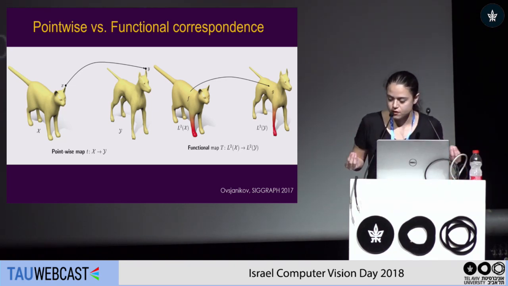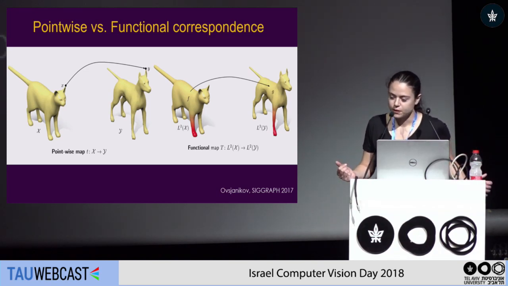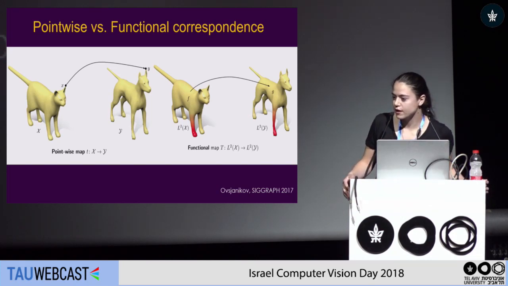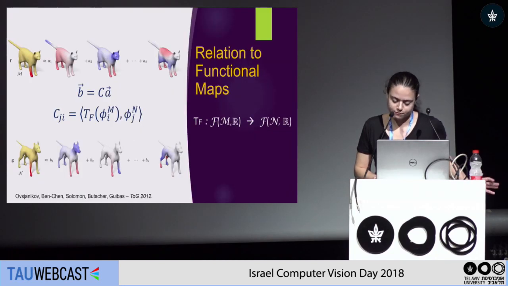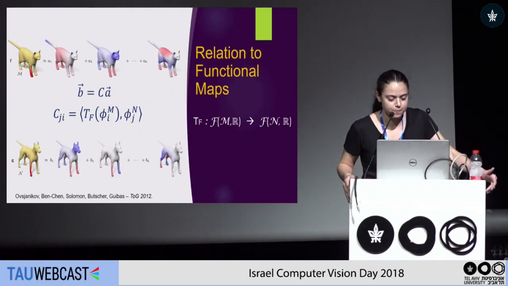And by this, as a byproduct, we get the pointwise correspondence, okay? But the second formalism has the advantage that it leads to a linear problem, basically a system of linear equations. Okay, so it's the preferred formalism.